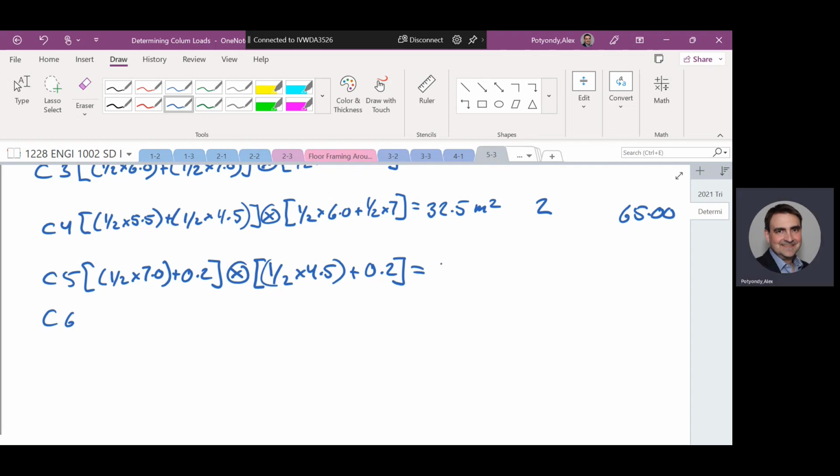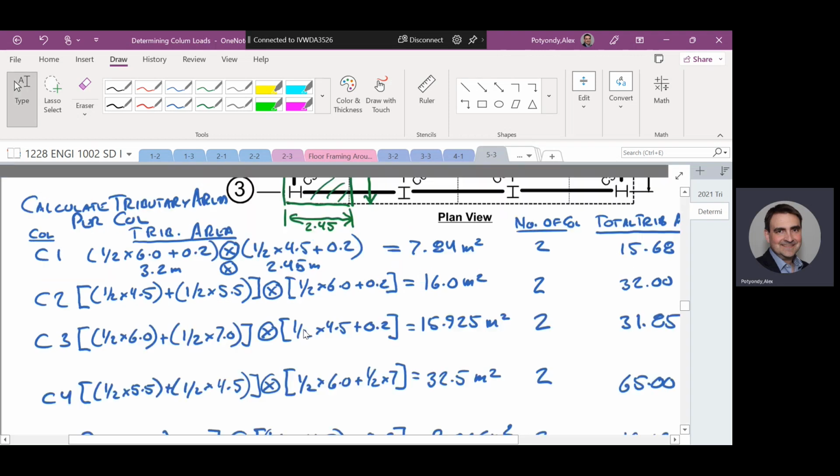And that gives me 9.065 meters squared. How many C5s do I have? Again, I have 2, 18.13 meters squared. Okay. C6 is the last one.